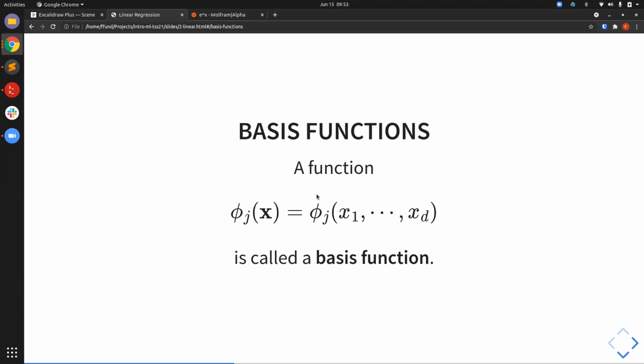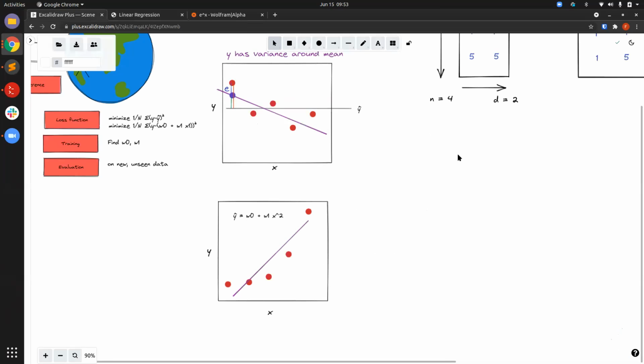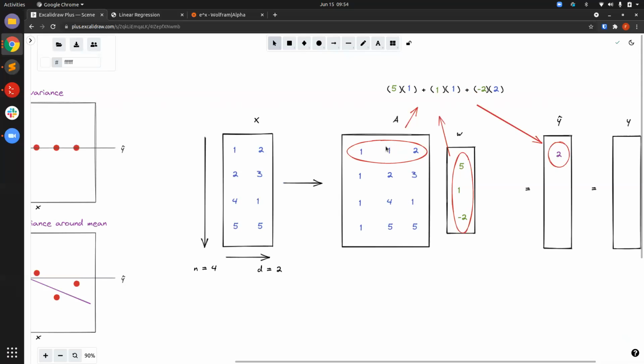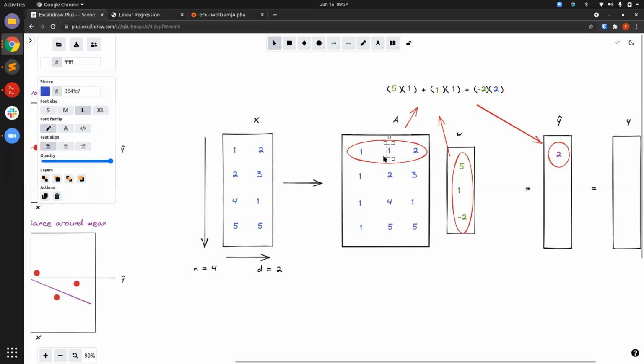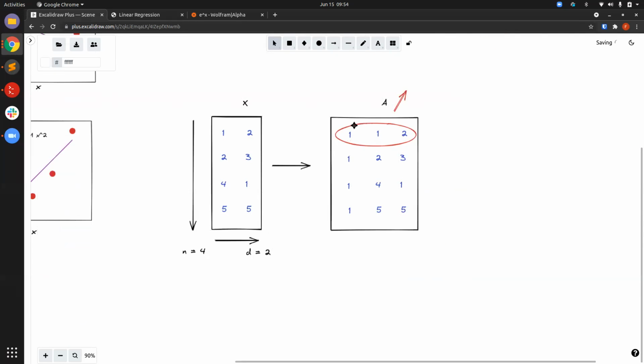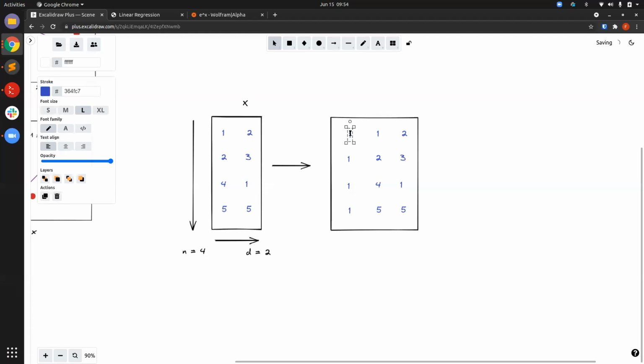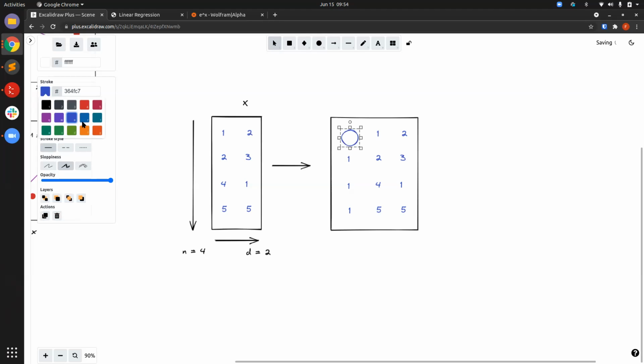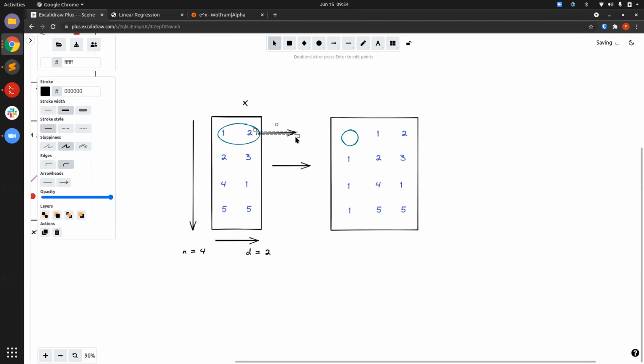Now instead of having a matrix where each entry was just an x element itself, we'll have an intermediate step, where each matrix entry is something that was calculated from this entire row and then filled in here.